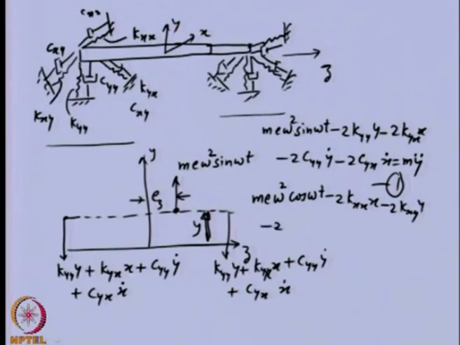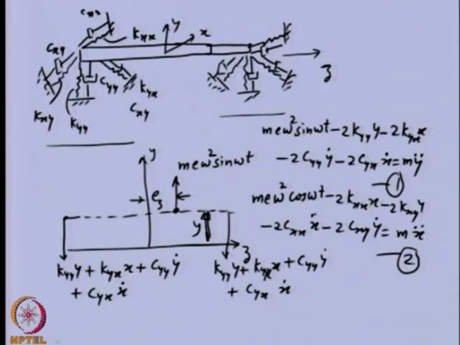For damping we will have cxx x dot because of velocity, and cxy y dot due to velocity in the y direction. This should be equal to mass into acceleration in the x direction. So this is the second equation of motion. In these two equations you can see that we have both x and y terms, but the tilt motion is not there because in this particular model we are not considering the coupling between the translatory and the angular motion.